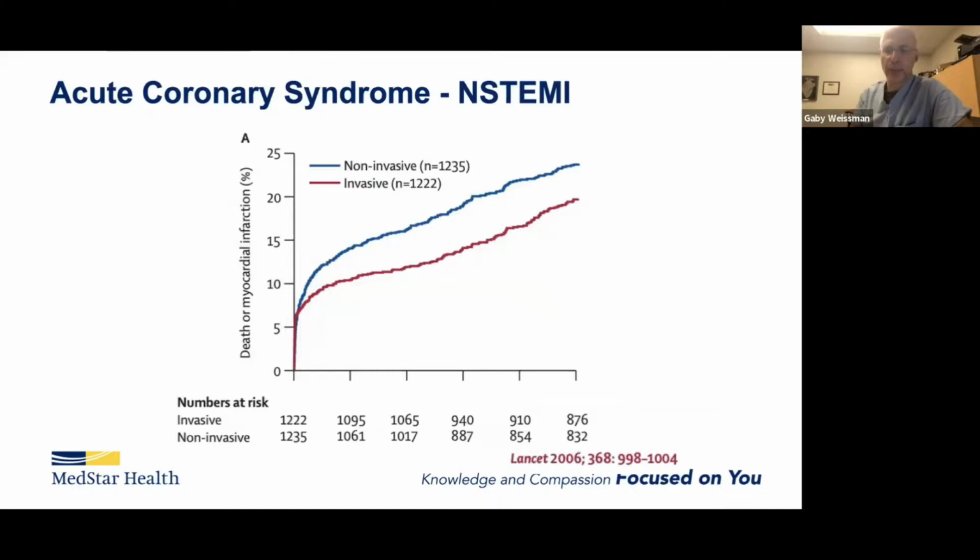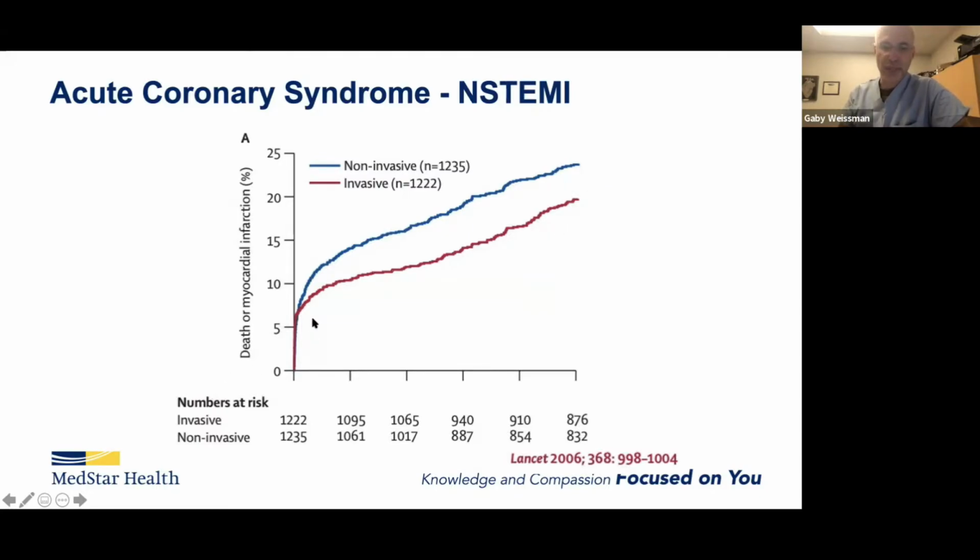The one other comment that I'll make is my talk today is really focused on imaging in stable coronary disease. The reason is because of data like this: if you have a patient who presents with a non-STEMI, and you pursue an invasive course of therapy as opposed to a non-invasive course, your patient will do better.